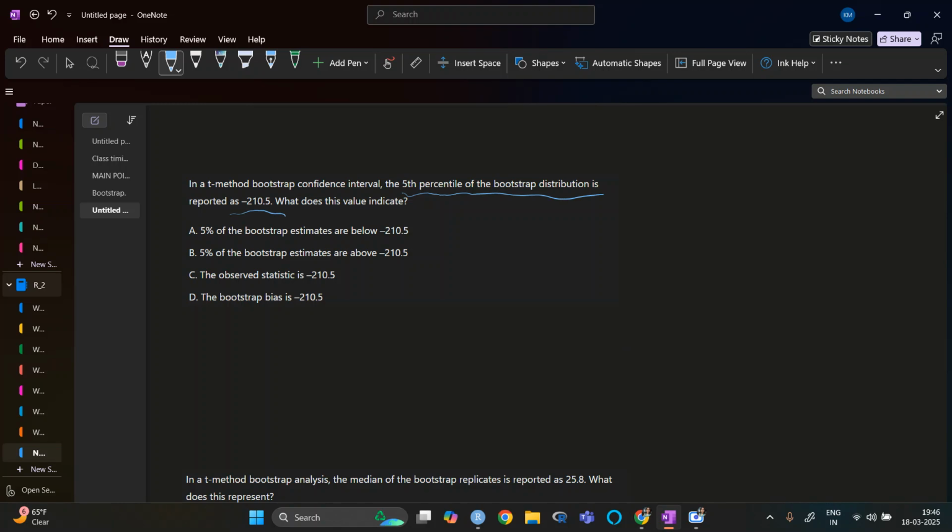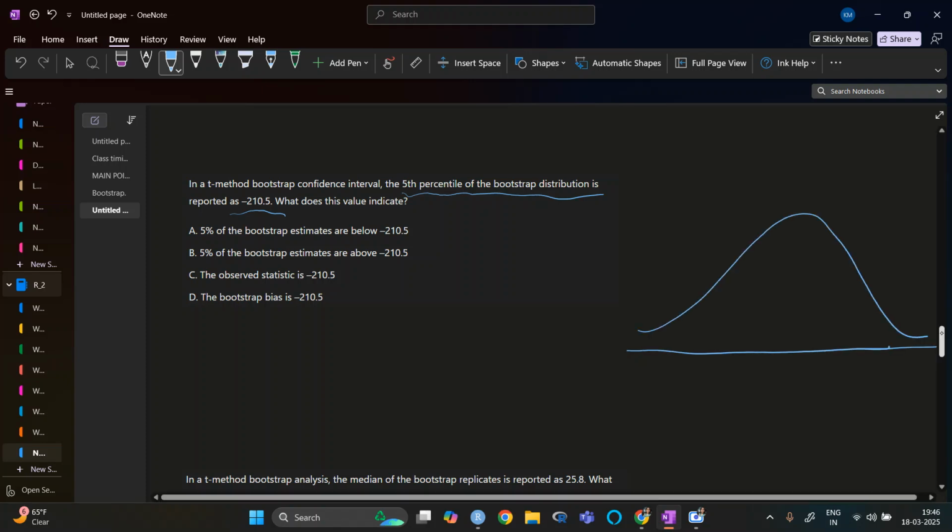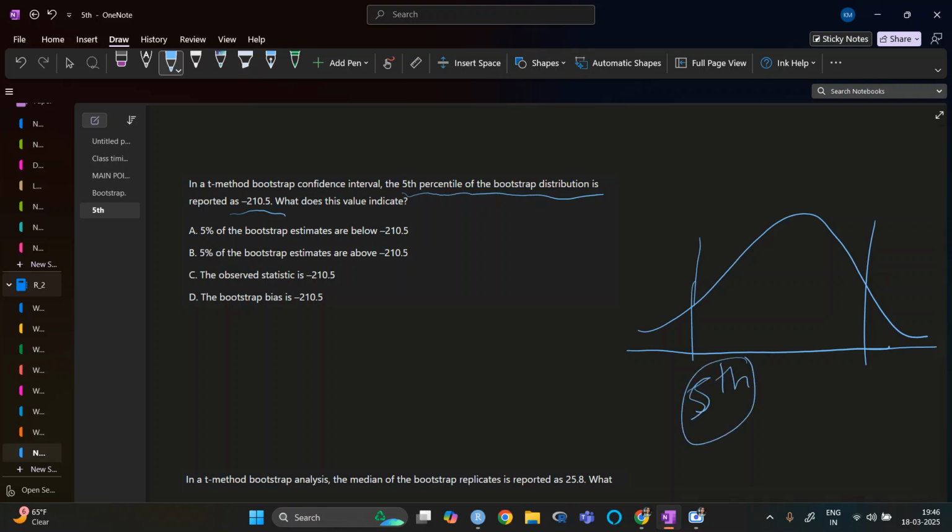If you have a distribution and the fifth percentile value is given, that means 5% of the values are below this, below minus 210.